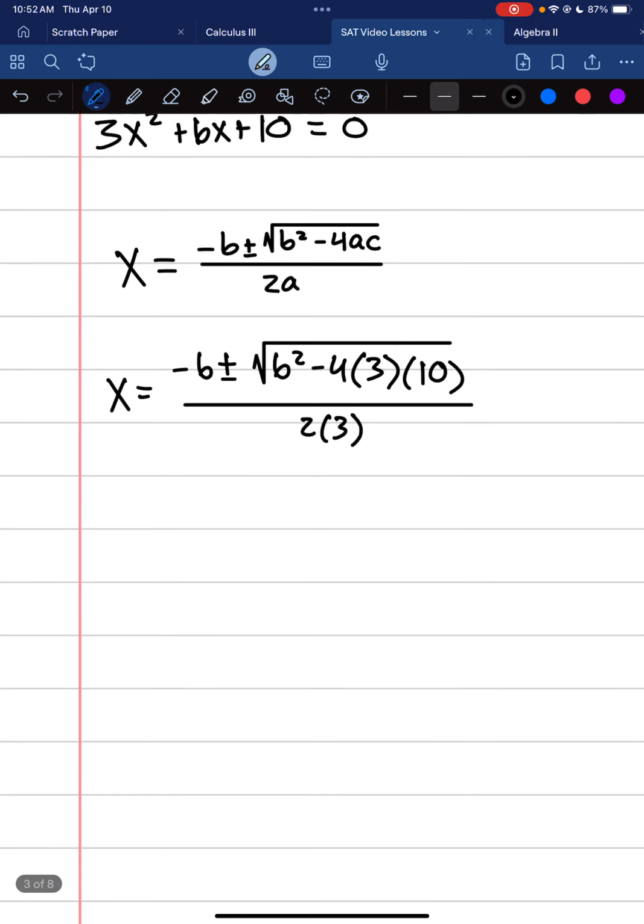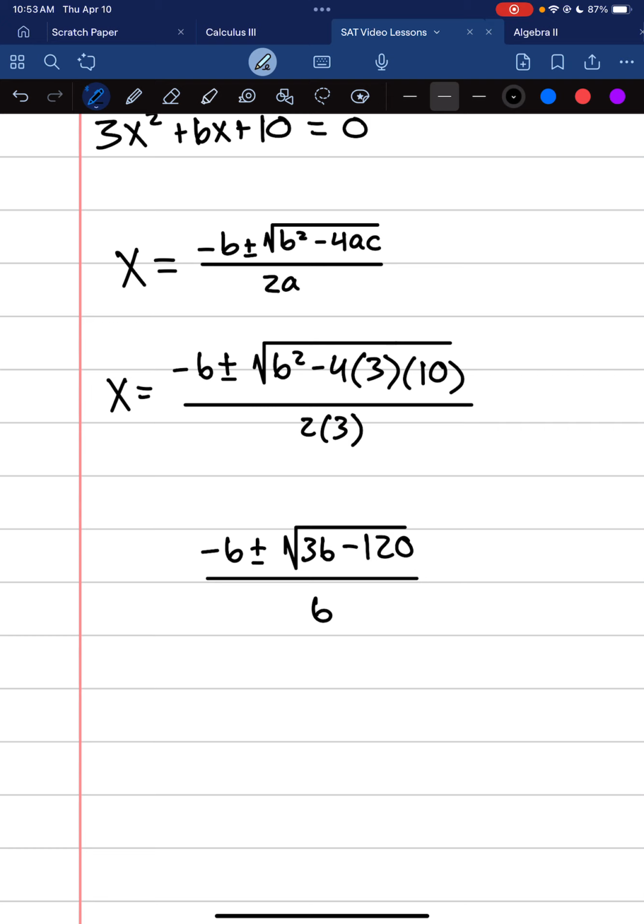Now I can simplify this, and I end up with negative 6 plus or minus the square root of 36 minus 4 times 3 times 10 is 120, so 36 minus 120 over 6.